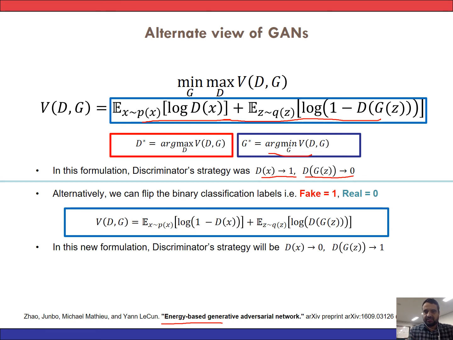In this case, the discriminator will generate 0 if it gets a real image as input, and it will generate 1 if it takes a fake as input. So what they did, they just reversed the objective of this generative adversarial network.